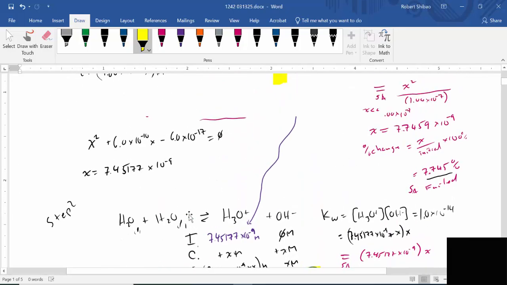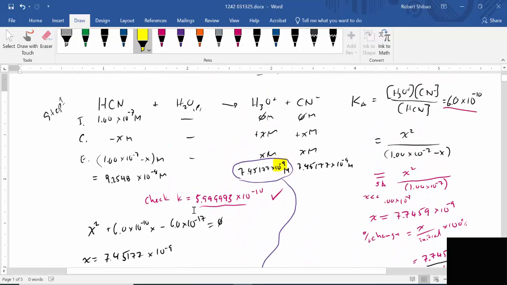But if I go back to step 1, remember I checked step 1 and I said, okay, this is good because 5.99999 is close enough to 6.0, right? In fact, they round to 6.0, it's no problem. So they're the same. But when I check my K, look at the concentration I had for the hydronium.